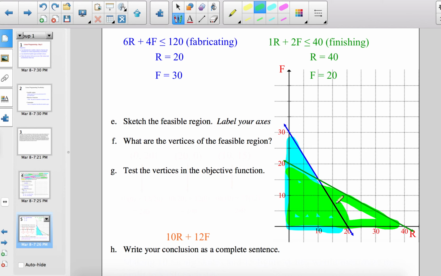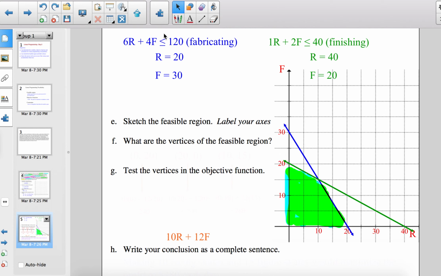So I finish off my shading. Now I need to go back and use my eraser because I don't want the stuff that's not overlapping. So it's just this little trapezoid right here. There it is. Okay, so that is my feasible region.